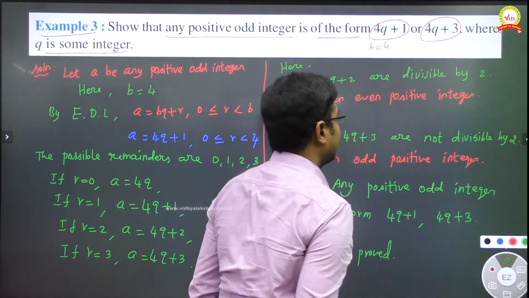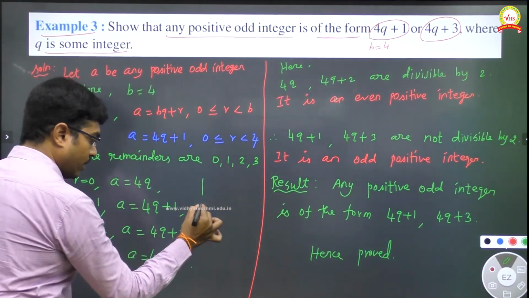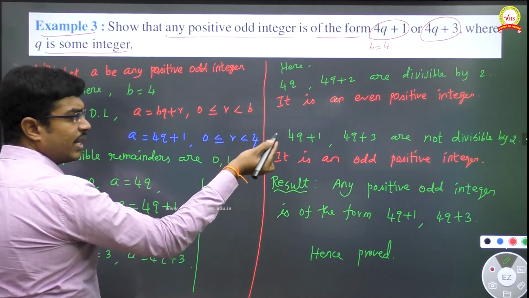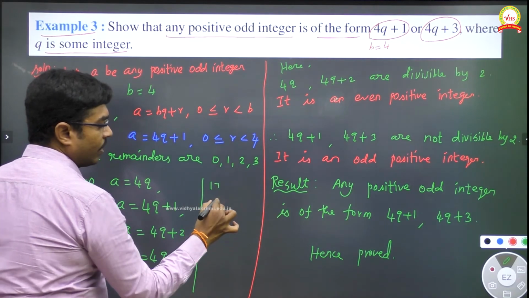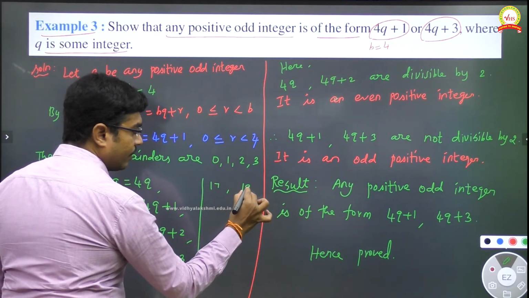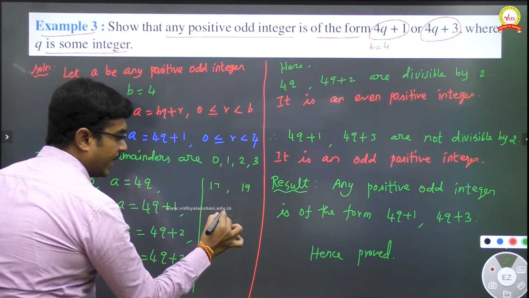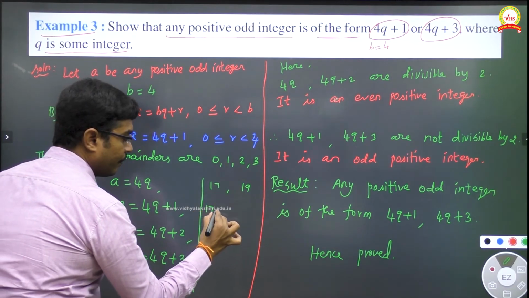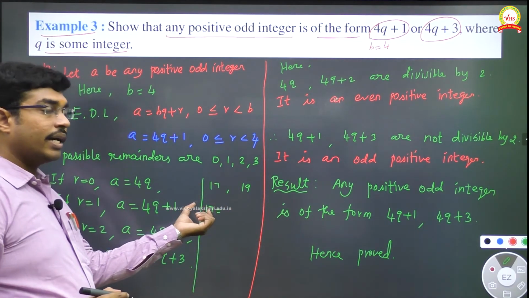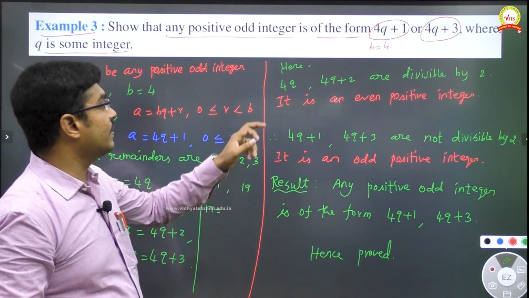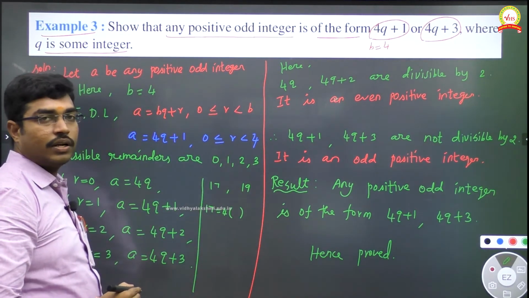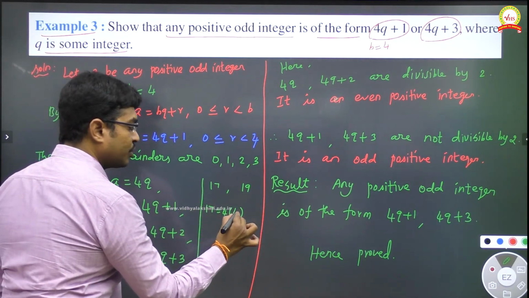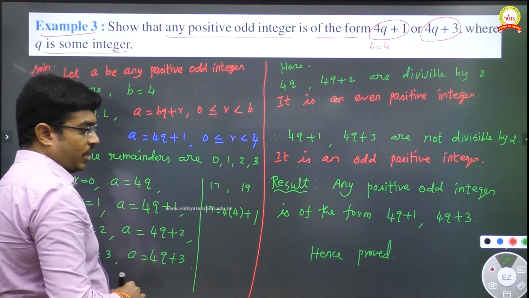Let me give one example. I am going to take any odd positive integers, 17 and 19. So, I am going to divide 17. This I have taken as the dividend. What is the divisor? 4. What is the quotient? Dividing 17 by 4, 4 is possible. So, our remainder is 1.